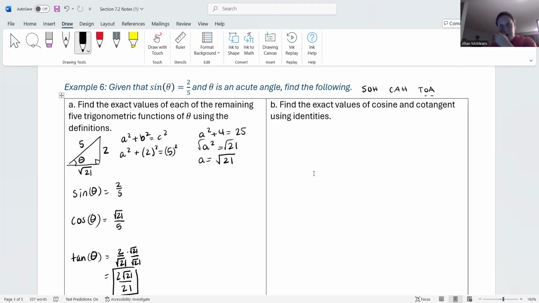Okay. Now, if you can get those three, you can use the reciprocal relationship to easily find cosecant, secant, and cotangent. So cosecant theta is the reciprocal of sine, so that would just be 5 over 2. Secant theta is the reciprocal of cosine, which would be 5 over root 21. So we do need to rationalize this. So we multiply top and bottom by the square root of 21.